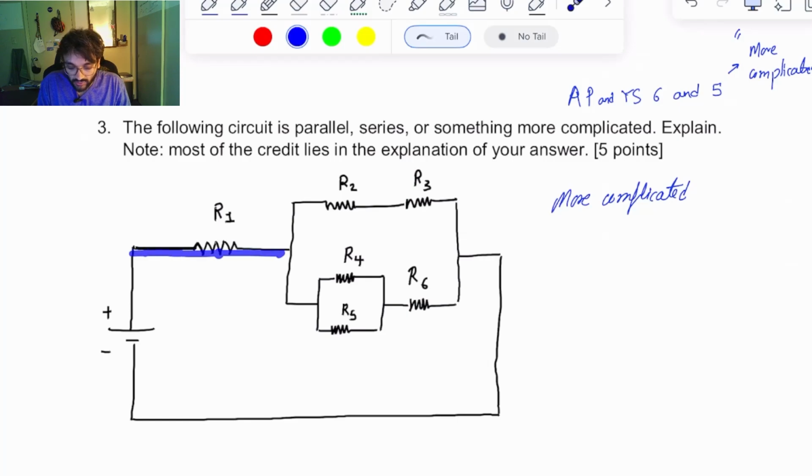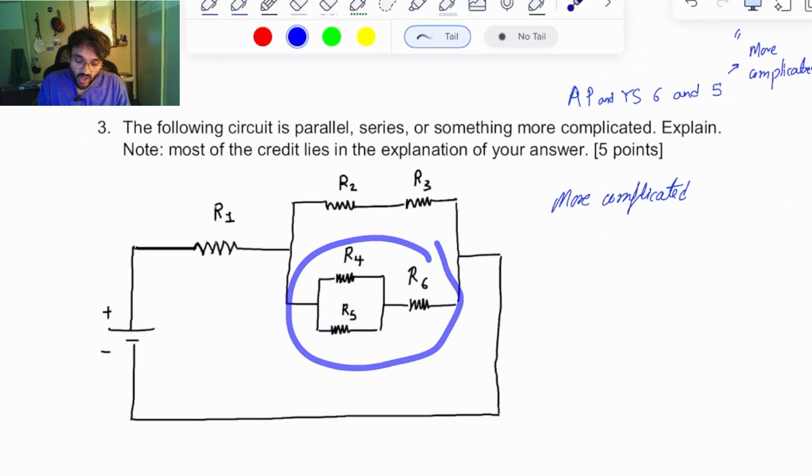going in, the current goes through R1, gets divided into these two, right? So that is very much like a parallel circuit. But then you have further division here, and then recombination of the current, and that current goes through R6. So R6 is in series with R4 and R5, where R4 and R5 are in parallel.